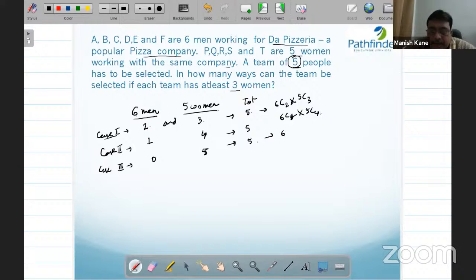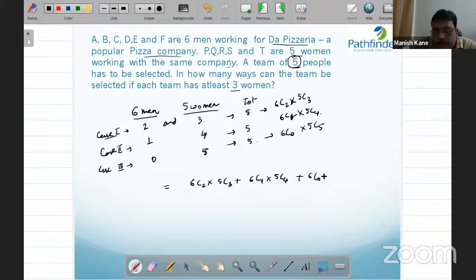Case 3, you have to do 6C0 into 5C5 and all you need to do is add up 6C2 into 5C3 plus 6C1 into 5C4 plus 6C0 into 5C5.